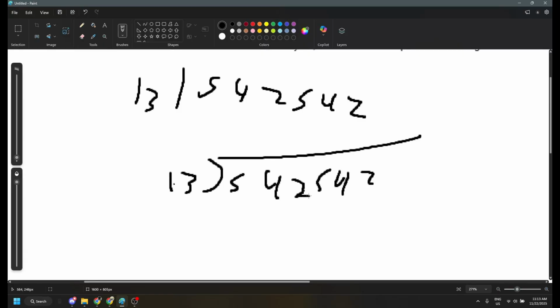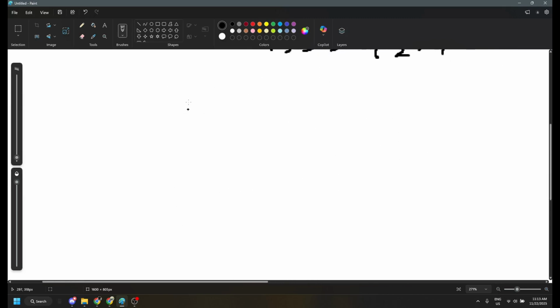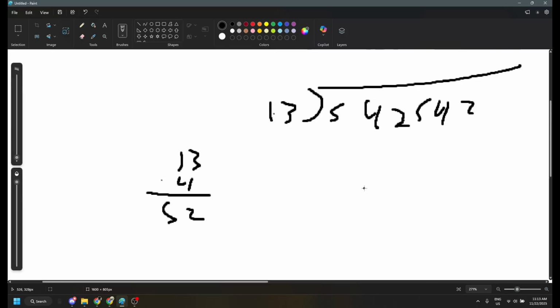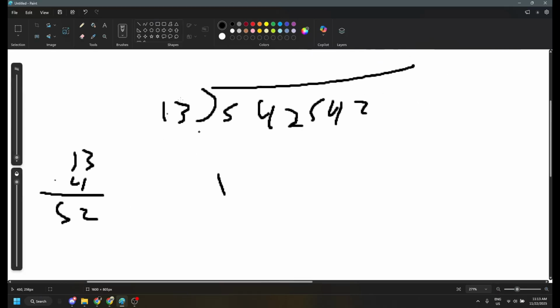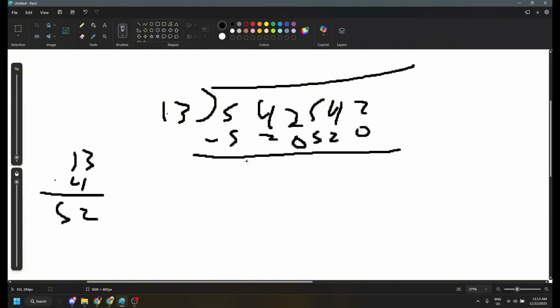So 13 times 4 is equal to 52. So if we can subtract 5200, as we know this will be a multiple of 13, we get 22,0,2.